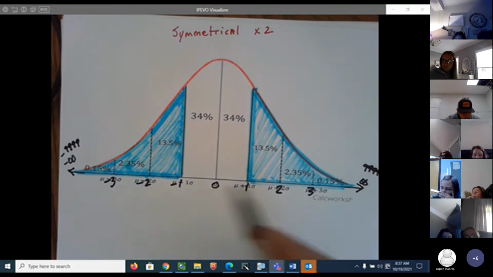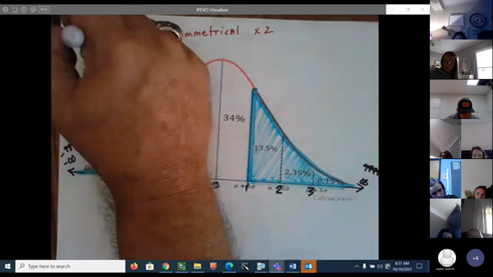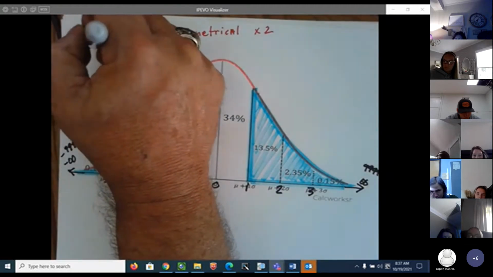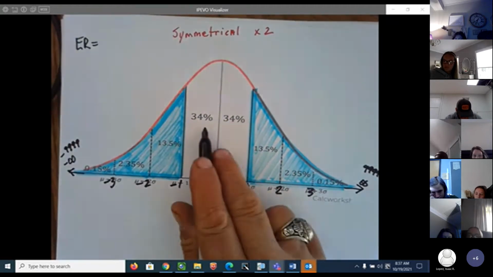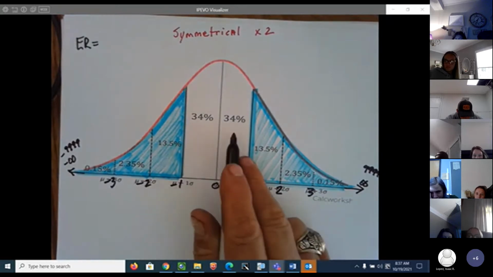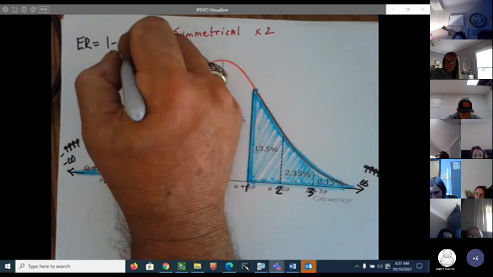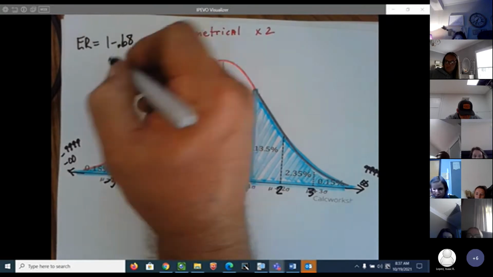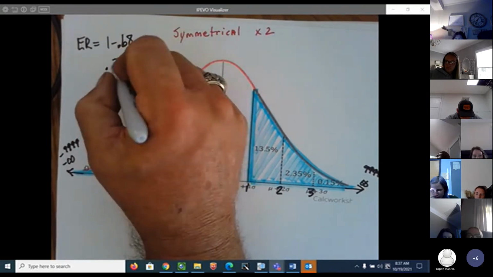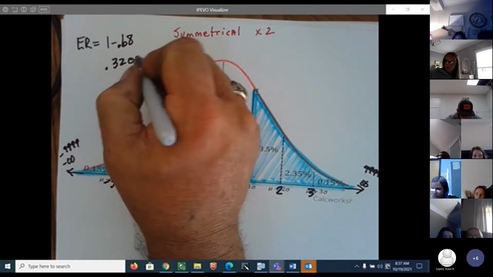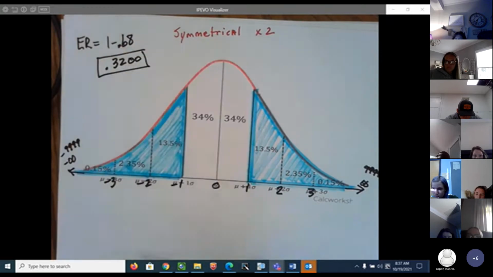Now, if you want to do both of them together, you can, but that's just a waste of time. Empirical rule says 1 minus 68 because these two are not used. So 1 minus 68% is equal to point what? 32? So by the empirical rule, we estimate the answer is going to be around 0.32.